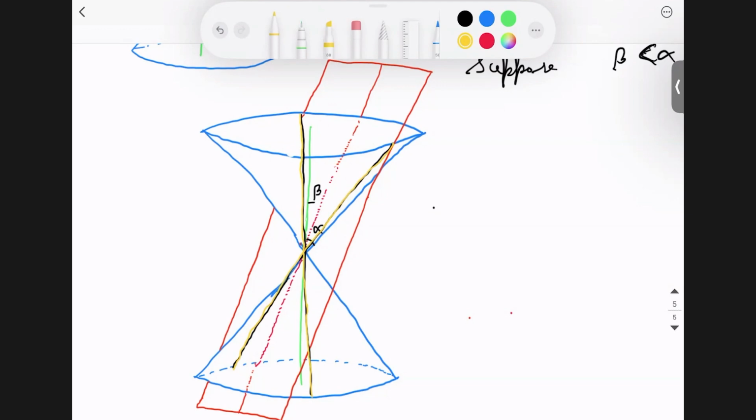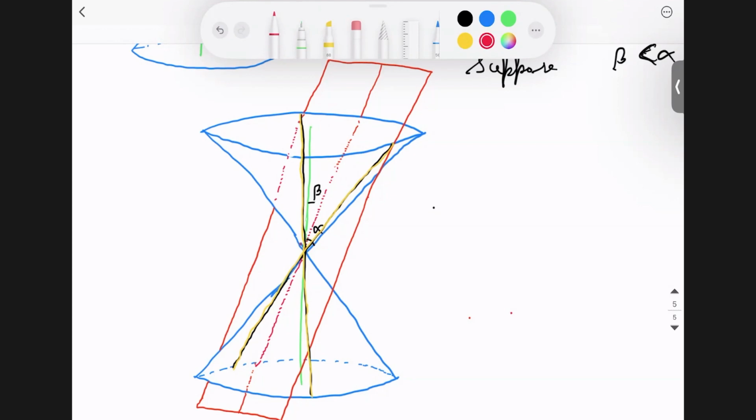So you need to go through all these things so that you can be comfortable after this lecture, so that you can understand properly what is happening geometrically when the plane intersects the conic in different positions with different angles.